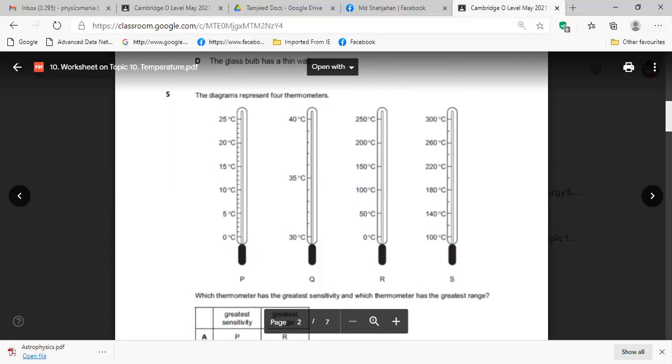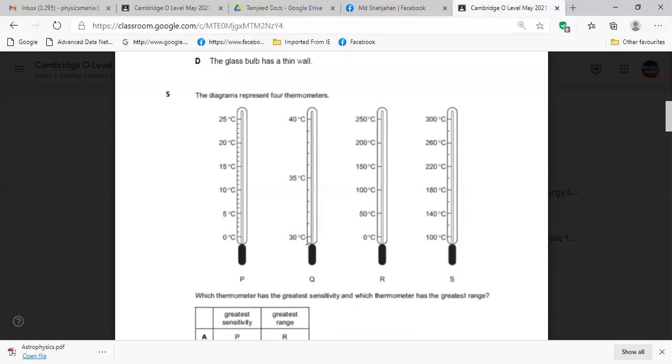So our idea of sensitivity is: if you are giving the same temperature increase, and for the same temperature increase the length of the liquid thread increases more, that is called more sensitive, right? Now for this thermometer, look, here we have 30 and here we have 35. So for 1 degree Celsius rise in temperature, the liquid thread increases most in Q, isn't it?